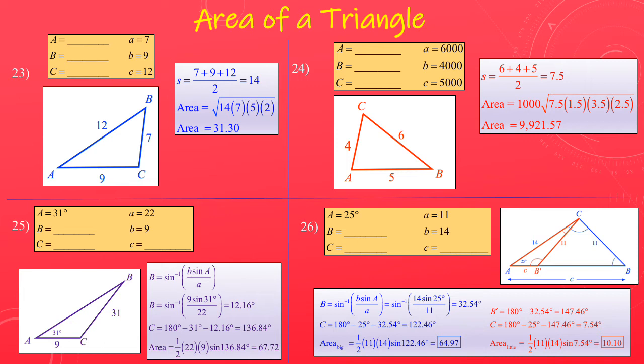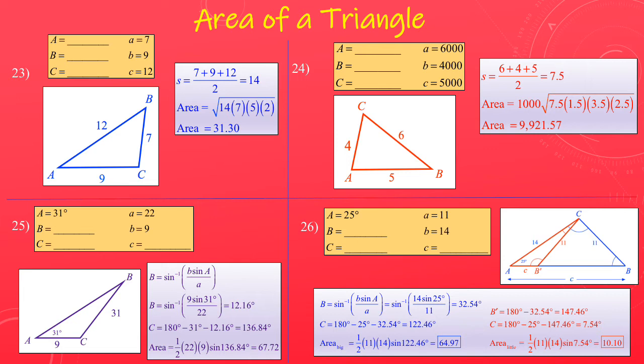From there, we can get angle C to be 180 degrees minus 25 degrees minus 32.54 degrees, or 122.46 degrees. So now we can use the SAS area formula and find that the area of the big triangle in blue is 1/2 times 11 times 14 times the sine of 122.46 degrees, or 64.97.